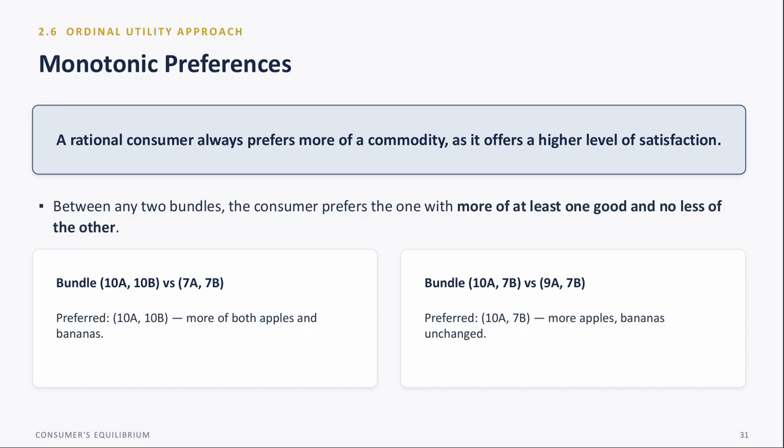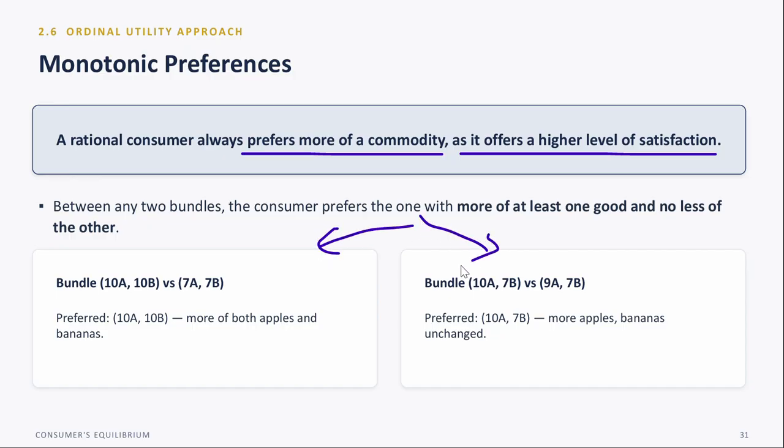Now let us talk about monotonic preference. What does monotonic preference basically mean? A rational consumer always prefers more of a commodity as it offers a higher level of satisfaction. Let us see these two bundles of goods right here. Let us suppose that this bundle is A and this is B. Can you see that bundle A has 10 apples and 10 bananas and bundle B has 7 apples and 7 bananas, right?